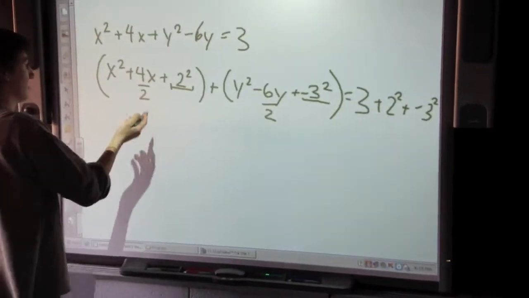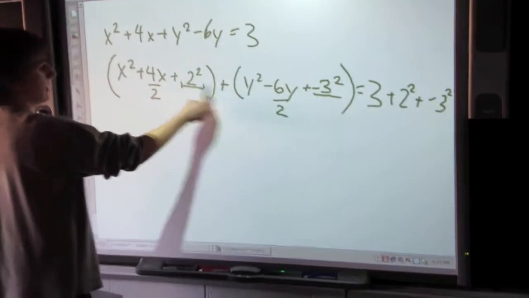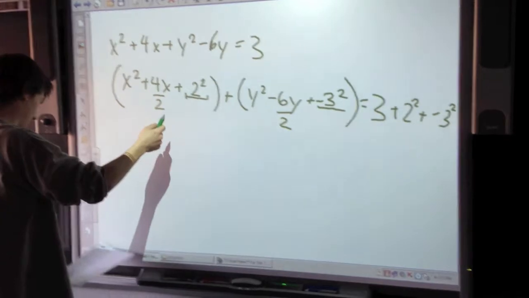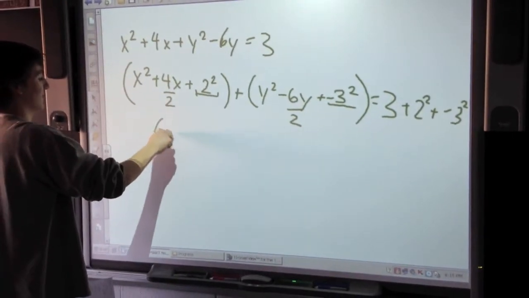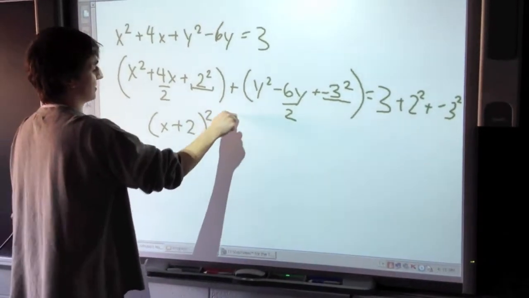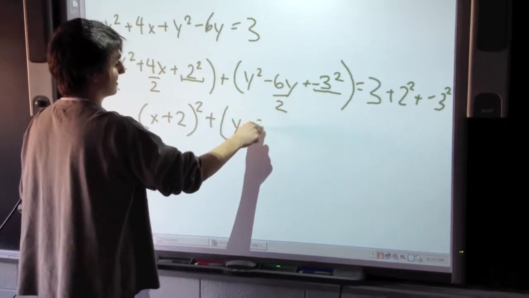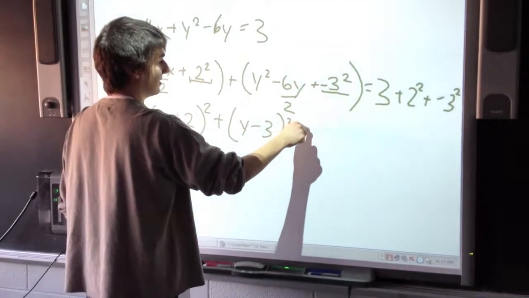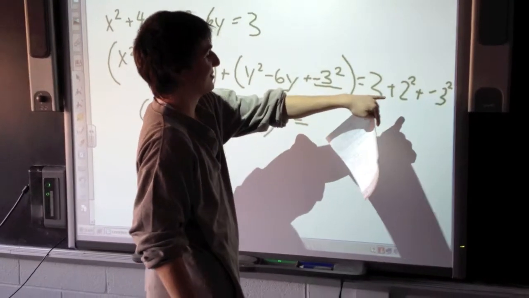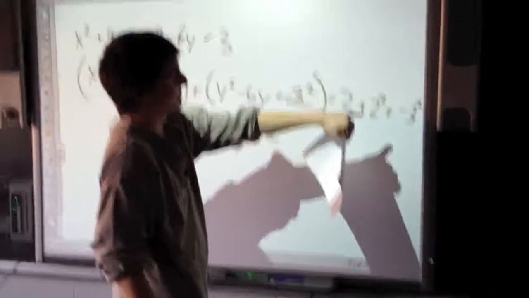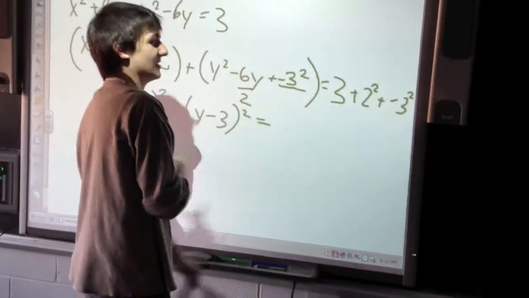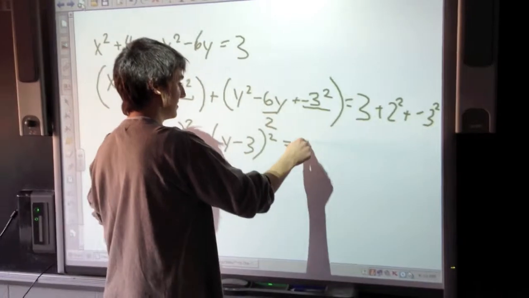From there, you know that this is 2, that was 3, so you just now got your perfect square trinomial, so it's x plus 2 squared plus y minus 3 squared equals, and then when you solve that out, it's 3 plus 4, which is 7, plus 9, which is 16. Negative 3 times negative 3 comes out to 9, so it's 16.